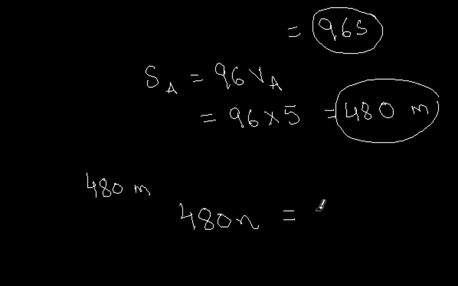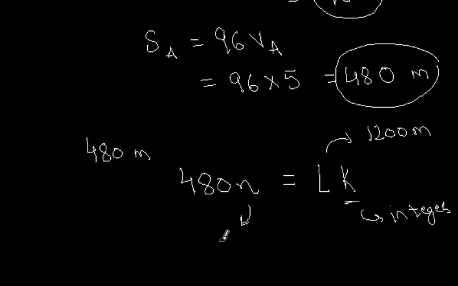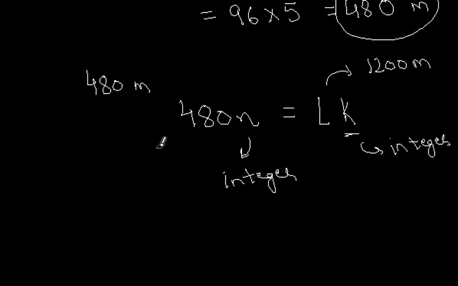So 480 n should be equal to L into K, where K is an integer and L is the size of the circular track, which is 1200 meters, and n is the number of meets after which they meet at the starting point. So this is also an integer. So basically we have to find the smallest values of n and K which satisfy this equation.